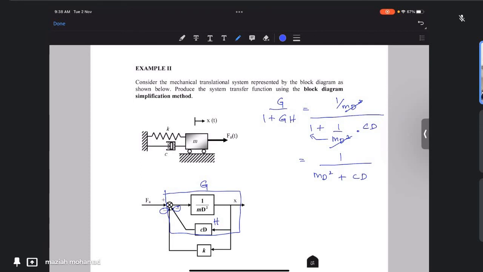So after you combine the first parallel block, it will become 1 over md square plus CD. And then there is still a feedback loop for the K there.